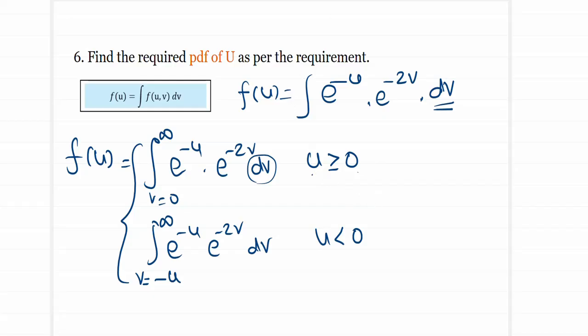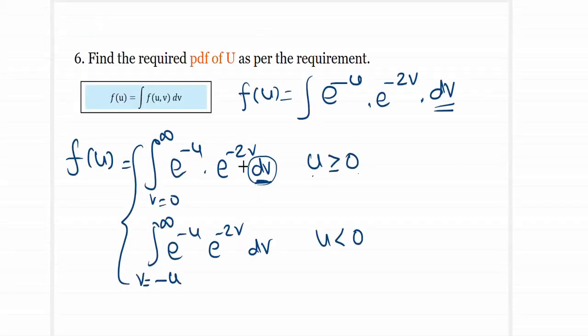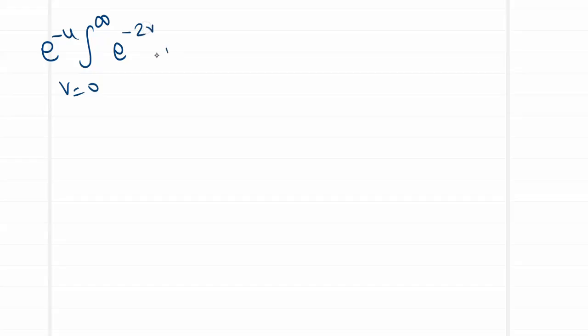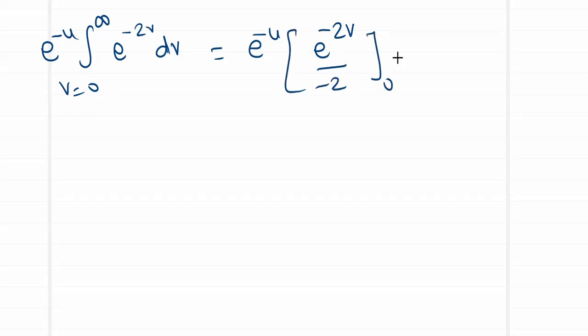So now moving on to the next slide for integration. Integral v equal to 0 to infinity, e power minus u is a constant with respect to the variable dv, so take it outside, and just e power minus 2v will be inside. You integrate it with respect to v: e power minus u, e power minus 2v divided by minus 2. Apply the limit 0 to infinity. This gives me e power minus u. Applying the upper limit, v takes the value infinity.